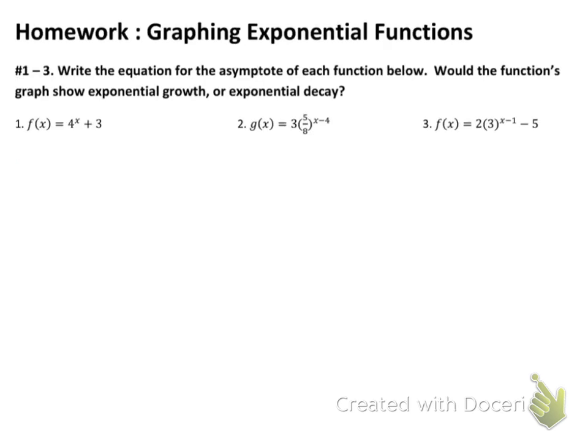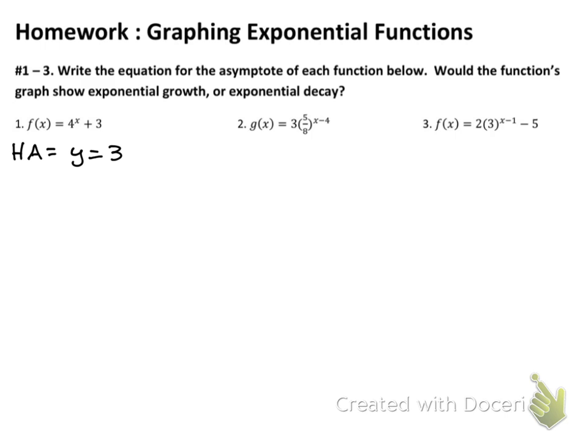Let's get into this a little bit. All right, number 1 on the homework sheet I passed out. What would be the horizontal asymptote on 1? 3. Give me the exact answer. Y equals 3. Good. All right.